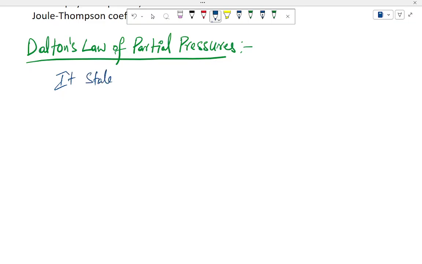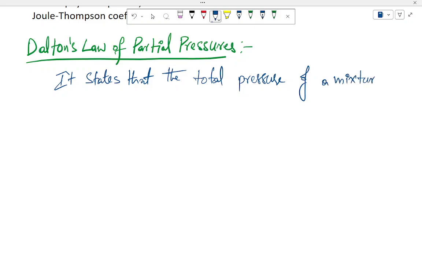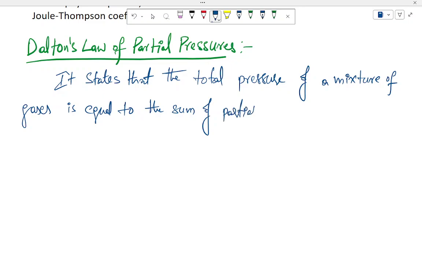It states that the total pressure of a mixture of gases is equal to the sum of partial pressures of those ideal gases.